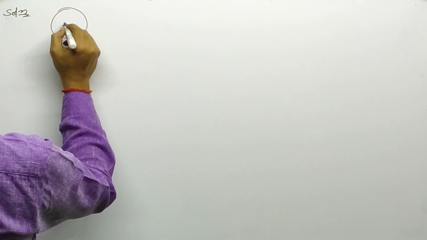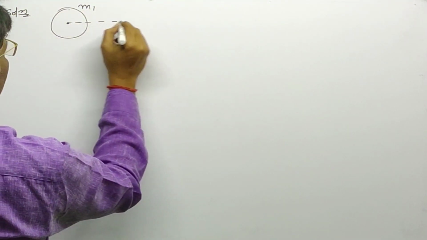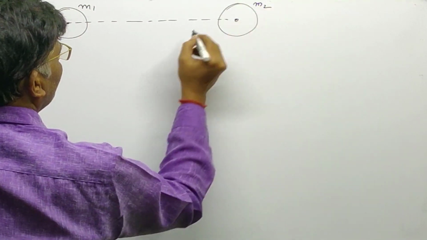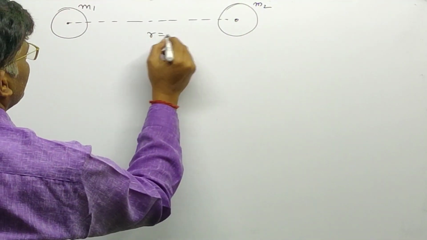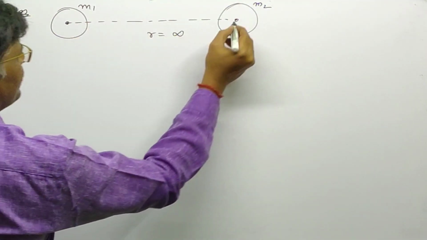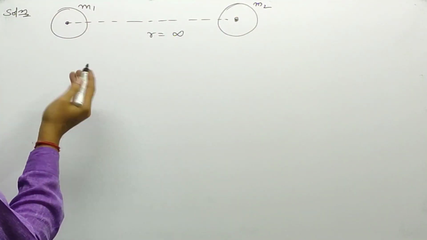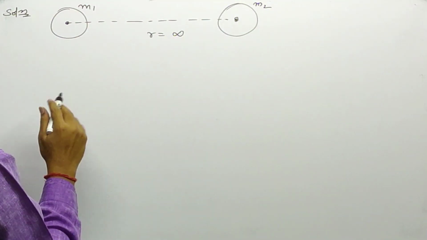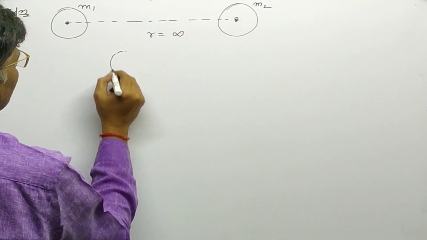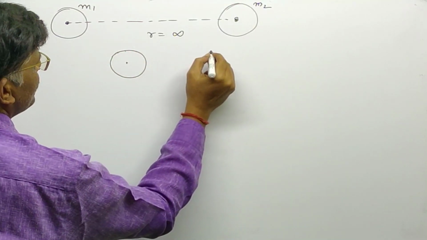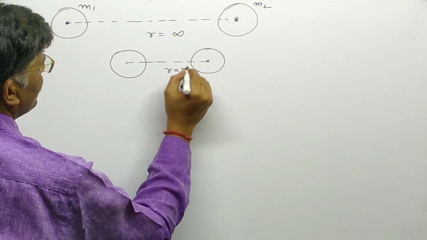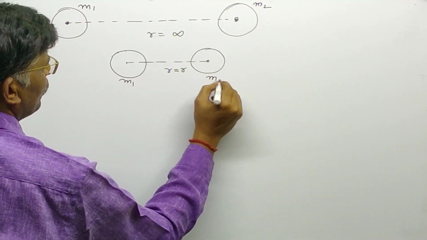Initially, two masses m1 and m2 are at infinite distance, so distance is equal to infinity. When they are at infinite distance and initially at rest, the initial velocity is 0 and the initial potential energy is also 0. Again, they are shifted to a distance small r, between m1 and m2.